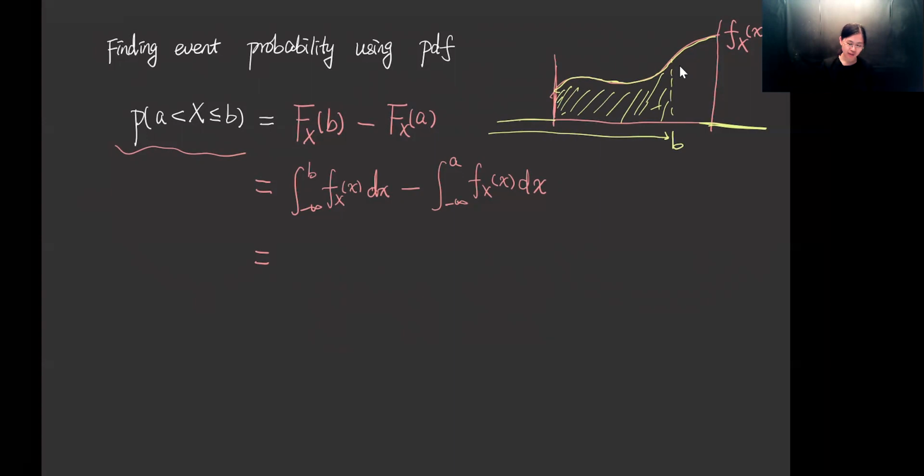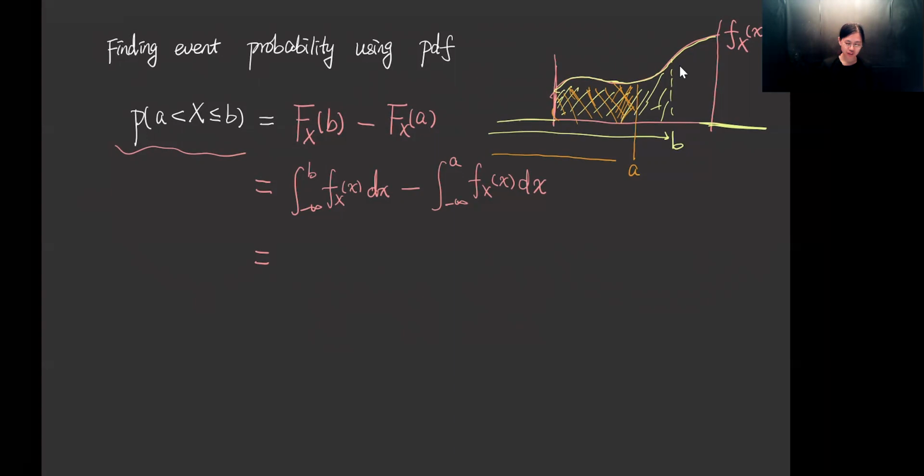And similarly, the integral on the interval minus infinity to a, so that's a, is the area under the PDF on that interval.